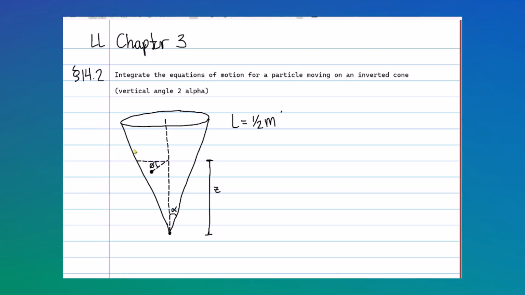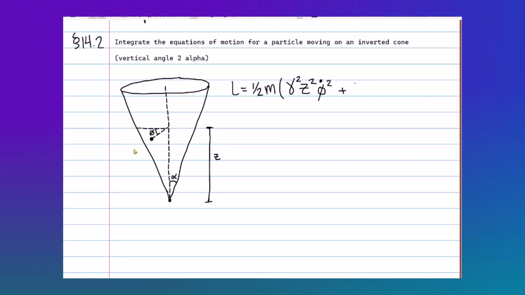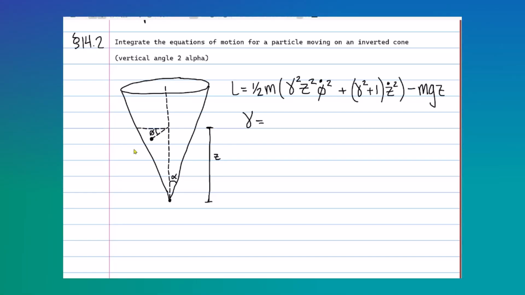So with this, we can write our Lagrangian. I'm going to introduce a variable gamma that captures something akin to the slope of the cone.